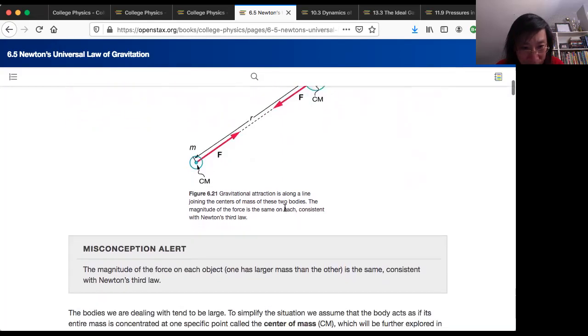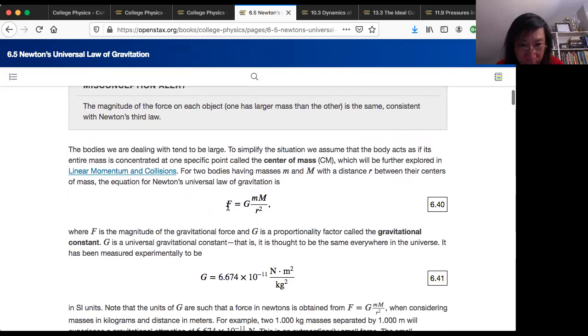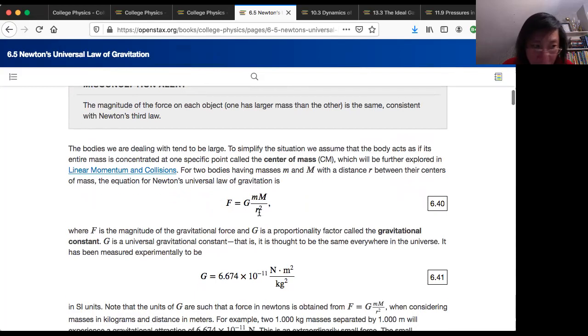Gravity is this equation, G m m over r squared. The force of gravity is pulling inward, and this one doesn't have a negative sign, but very often astronomers use this negative sign. This is the magnitude of the force, and the m times the m, that's the little mass and a big mass or different masses, divided by r squared.